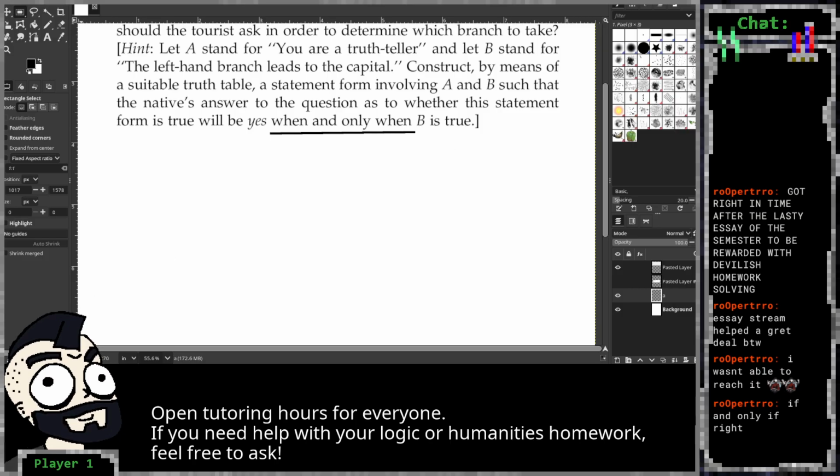So the only connective that deals with the switch when asking an ape, but also is yes when and only when B is true, is not surprising at this point.